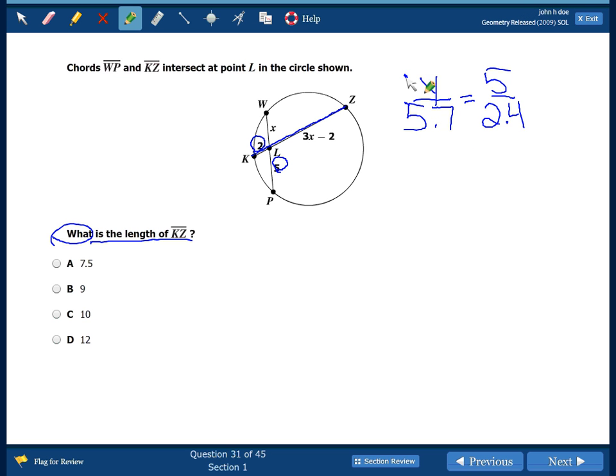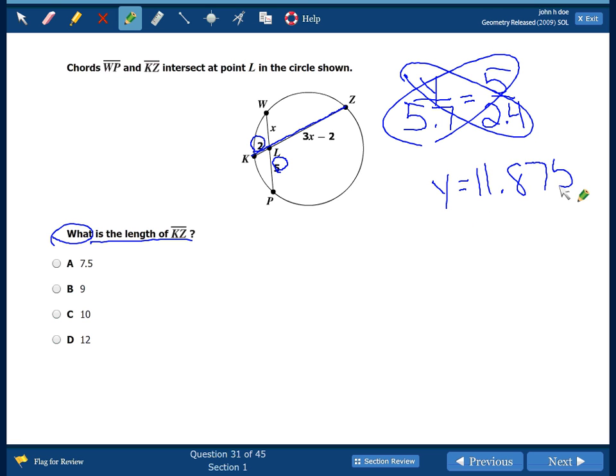So whenever we cross multiply this, just like we did last time, and we solve it, we will actually get y is equal to 11.875. Whenever you actually solve this using the properties of circles, where you multiply the side lengths that intersect, we get the answer of KZ is equal to 12. So again, this is a formula that's not as easy to remember. So this is one where you might actually benefit from using the ruler.